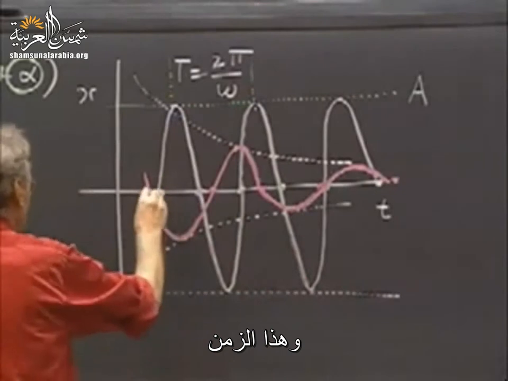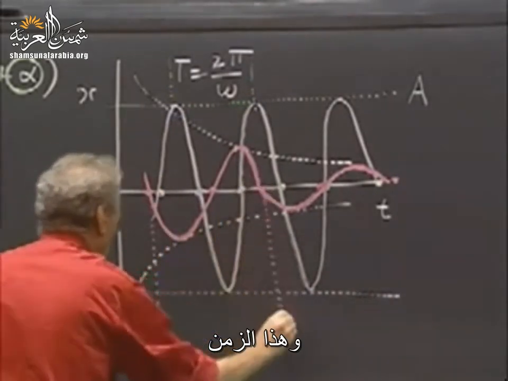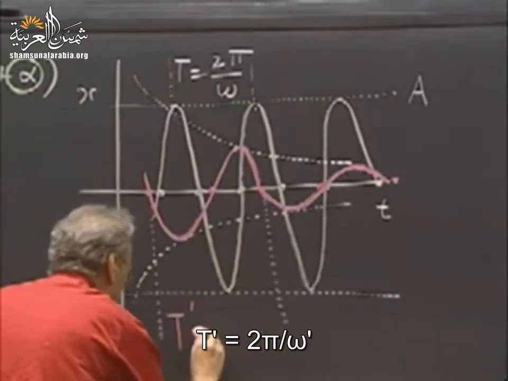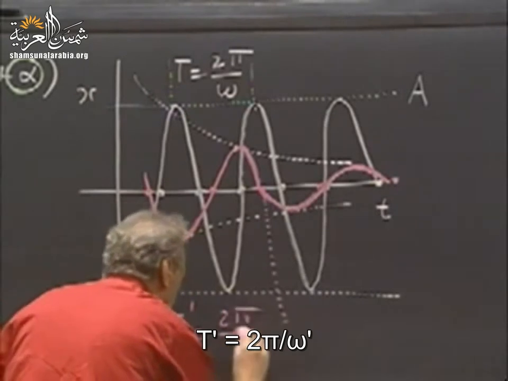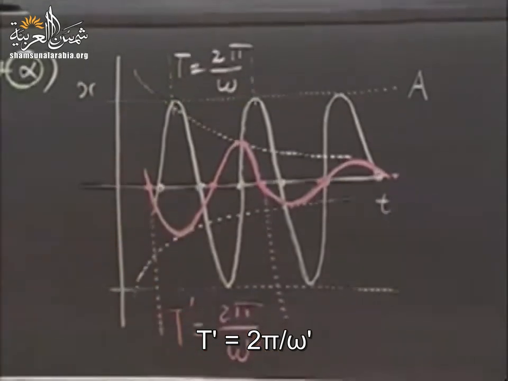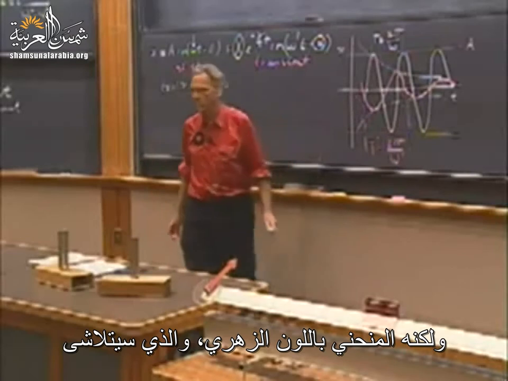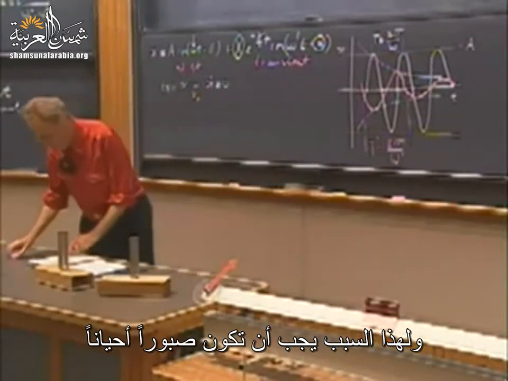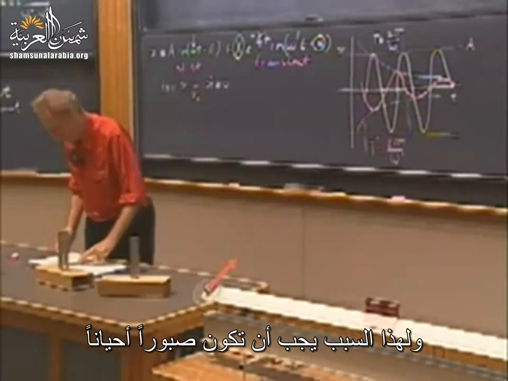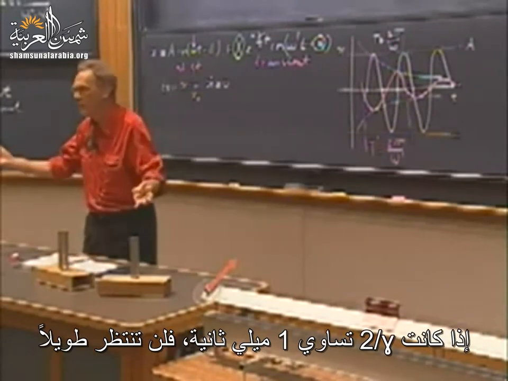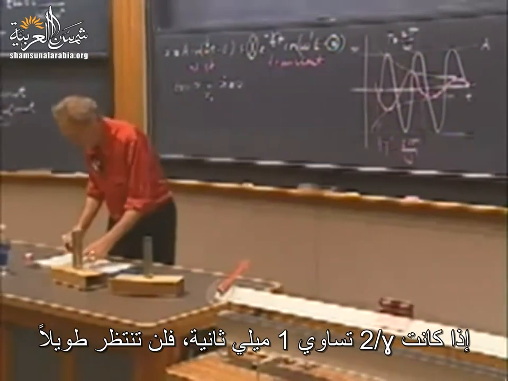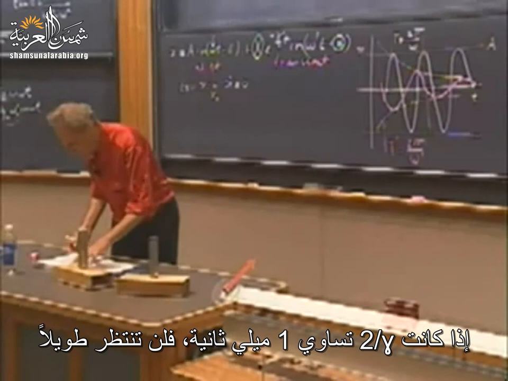And this time is t prime is 2 pi divided by omega prime. And so you see that the sum of the two, which I will not try to sketch, is the solution, but it is the pink one that's going to die out. And that's why sometimes you have to be patient. Except if it is 1 millisecond, 2 over gamma, you don't have to be very patient.